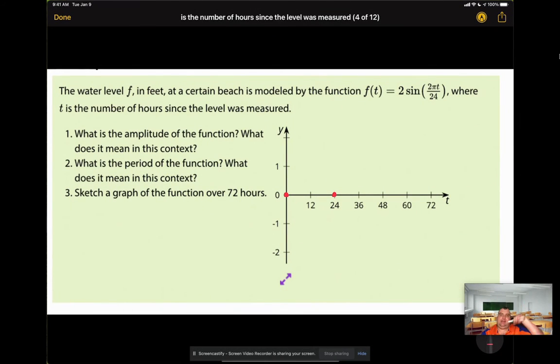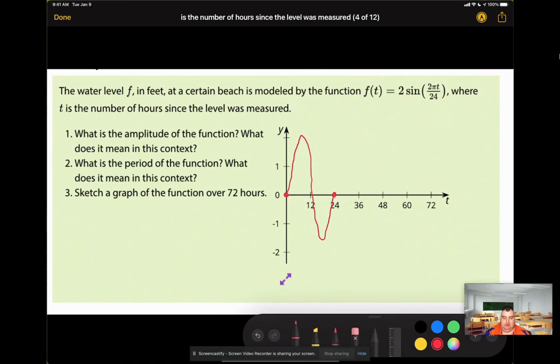My high tide and low tide cycle ends at 24. So that means it's going to go up to 2, and then it's going to go down to -2, and then back up to 24.